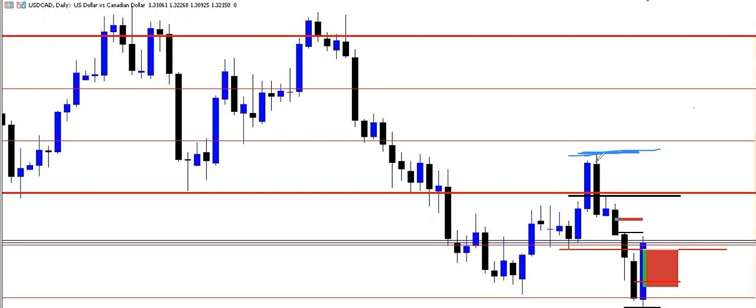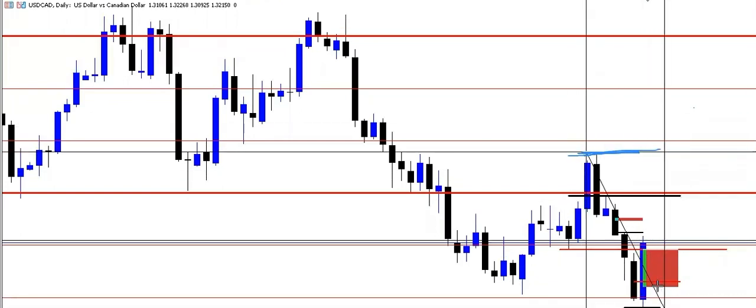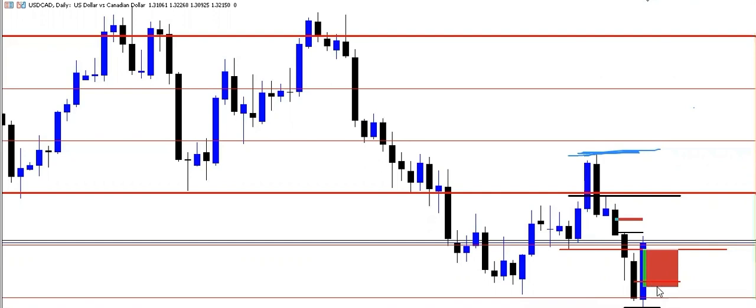Then you see price move from here, around how many pips? Price moved up close to 300, more than 300 pips. Yes, around 300. So it's nice we see a retracement, and we've started seeing it.